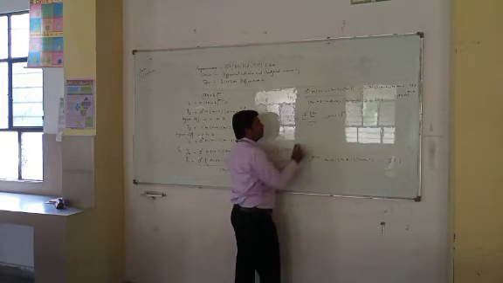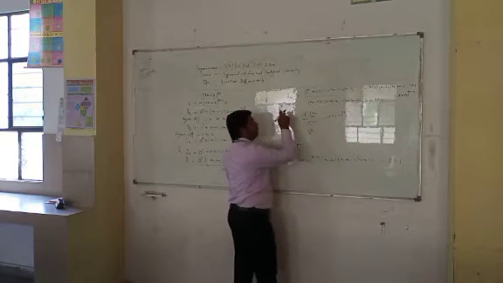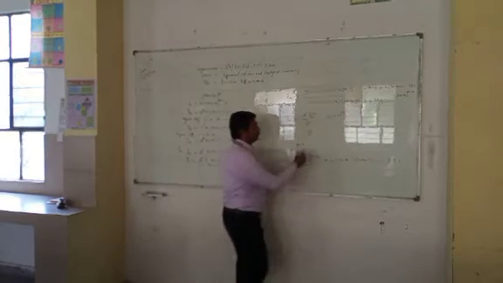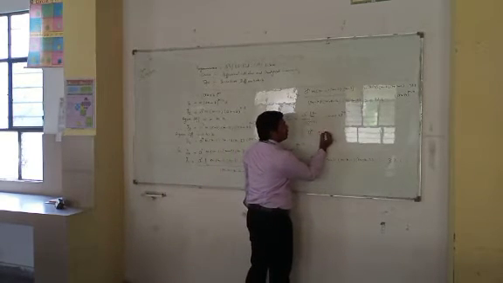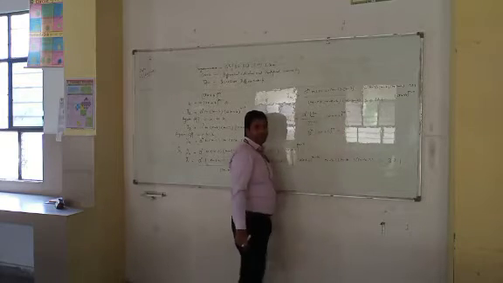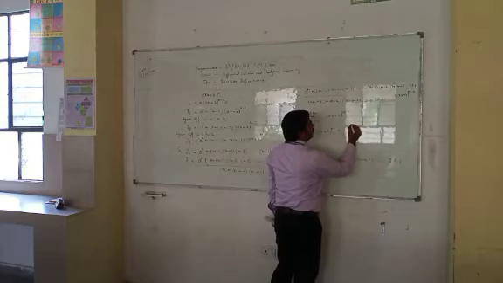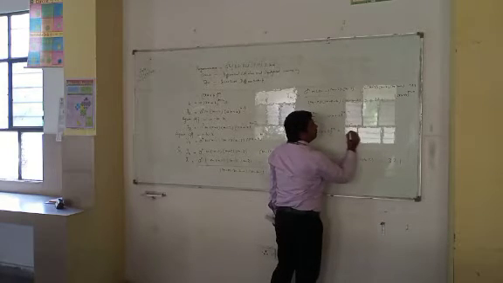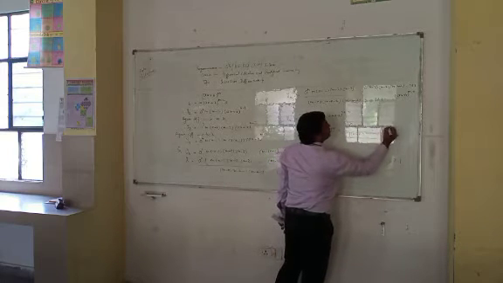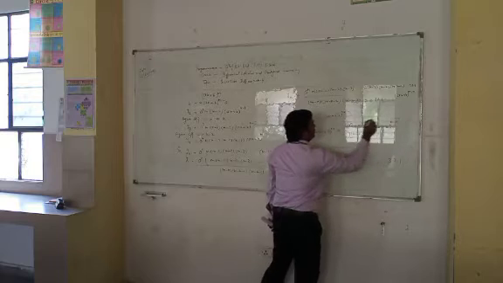Now again this can be written as d to the power n of y, meaning of (ax + b) to the power m, is equal to a to the power n, factorial m upon factorial m minus n, and (ax + b) to the power m minus n.